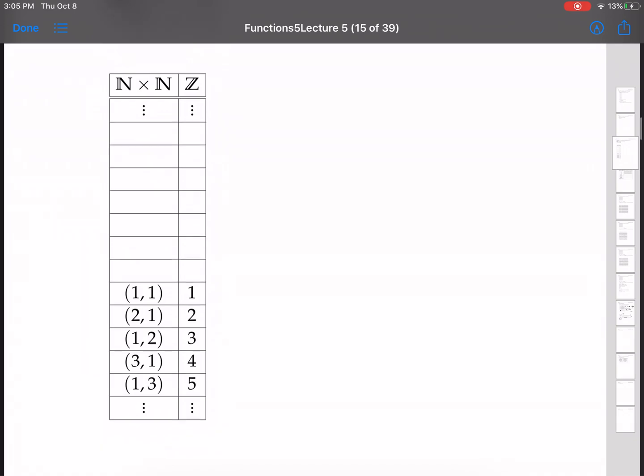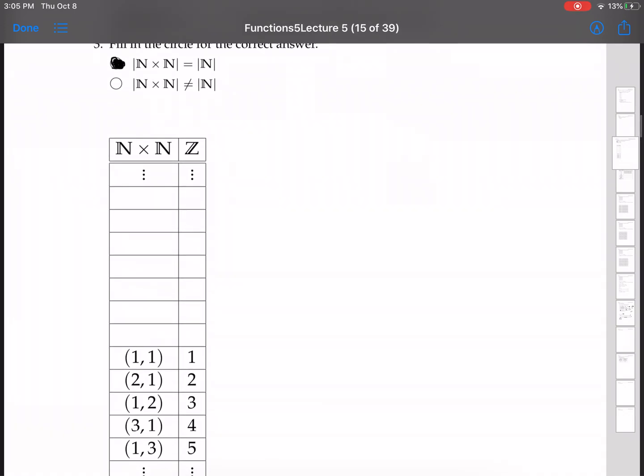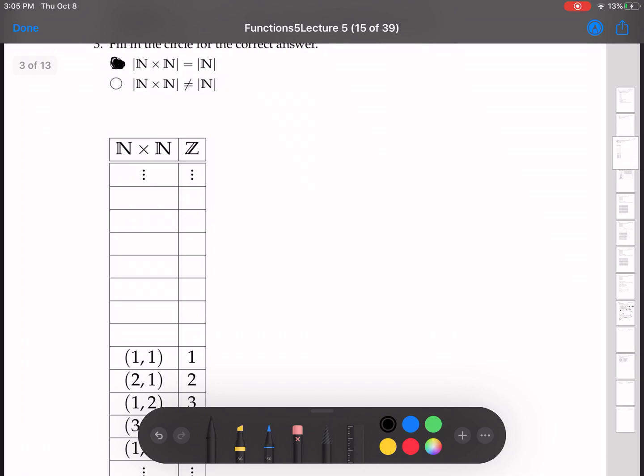All right, so let's look at this thing here. Actually, let's see. In the previous video, you saw that the natural numbers had the same cardinality as the integers.